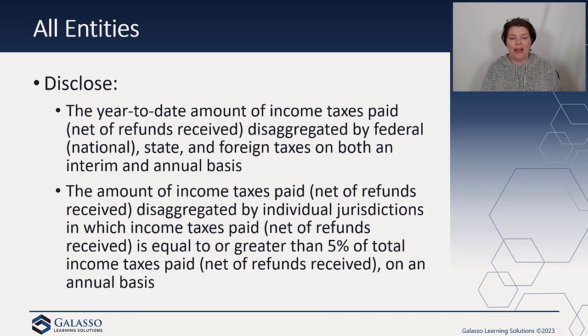And then the amount of income taxes paid, again, net of refunds, disaggregated by individual jurisdictions where the income taxes is equal to or greater than 5% of the total income taxes paid. So this would even further disaggregate into the individual jurisdictions. So you'd have to break this down as to what are causing these income tax payments.